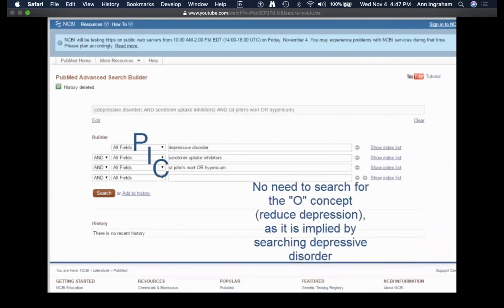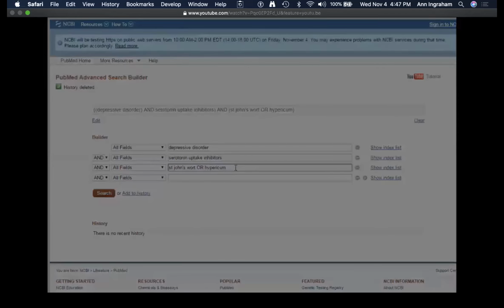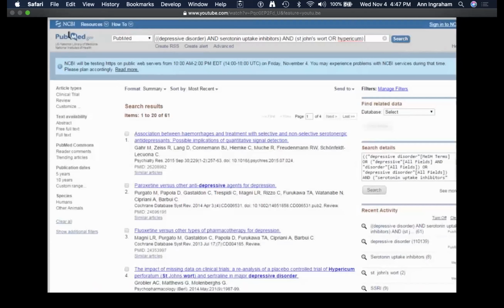Now that the search terms are entered correctly, all we have to do is click on search. For your future searches, be sure when you use this builder all at once that anything on the left is connected with AND. Notice that we are searching for two different terms here, and the OR is in the same line. Here are the results of the search.